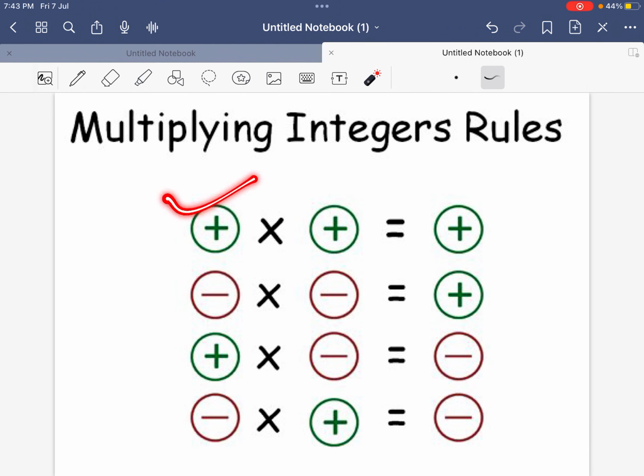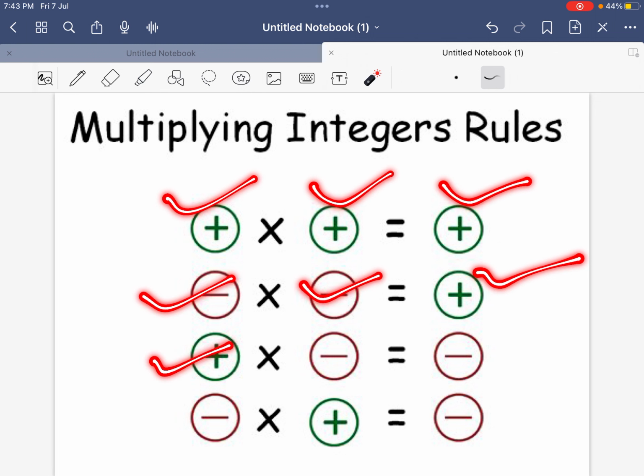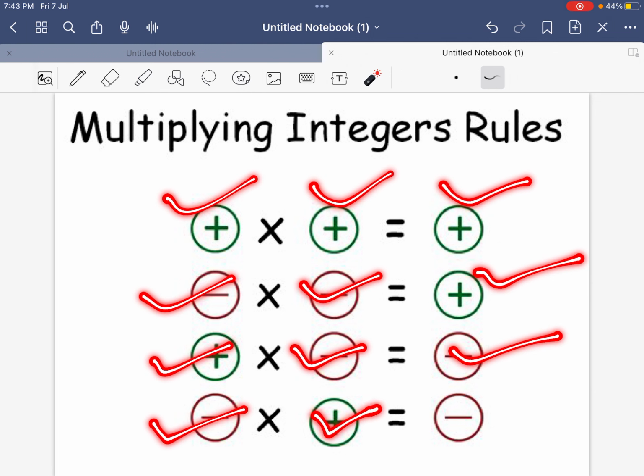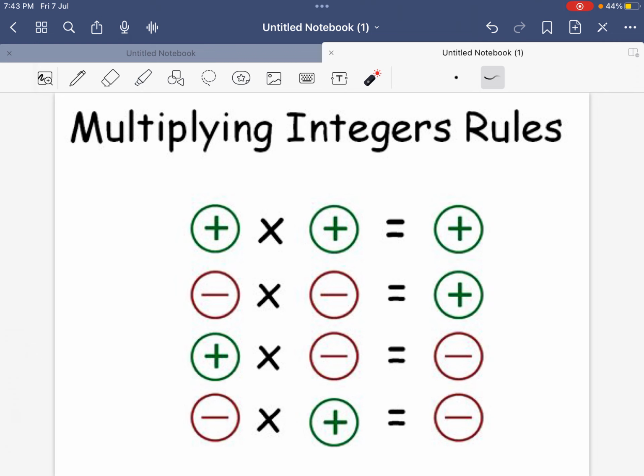Clear? So positive into positive, answer is positive. Negative into negative, answer is positive. Positive into negative, answer is negative, and negative into positive, answer is negative. Okay, so likewise we have to keep in mind and we have to solve the questions.